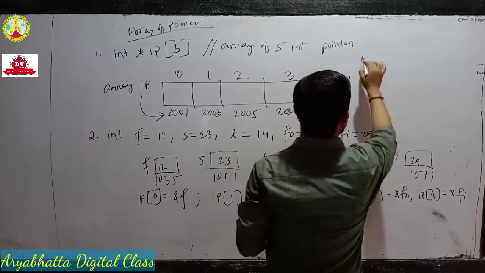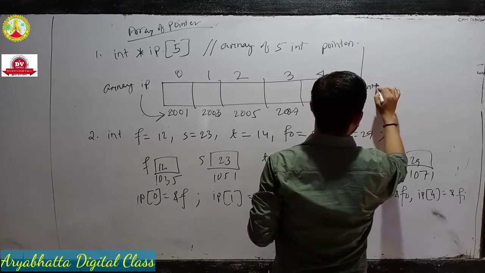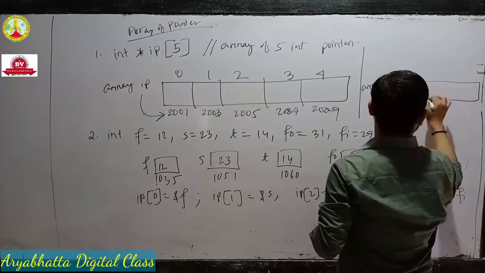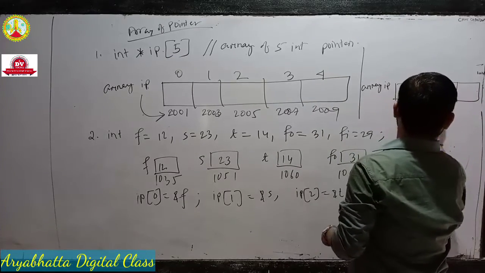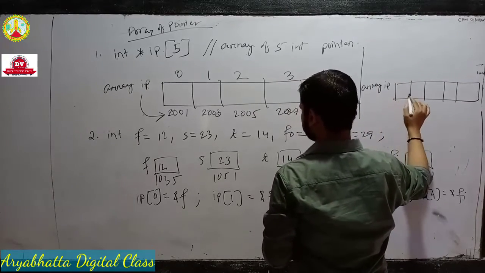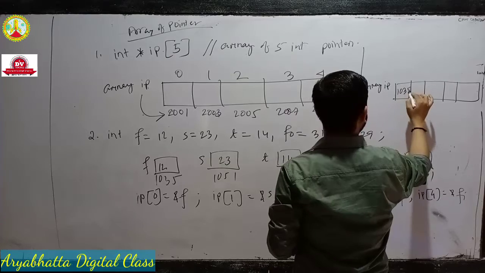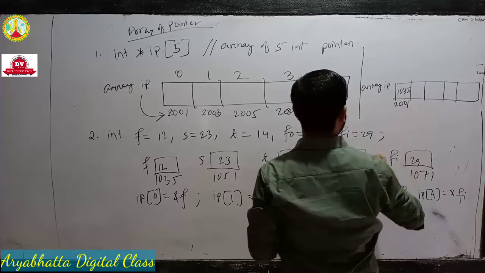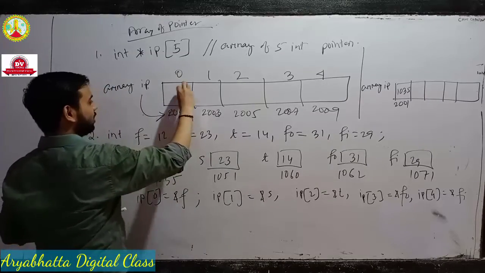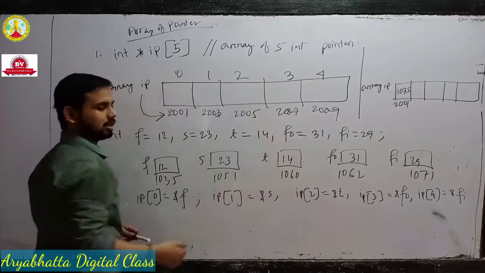array IP. What is the value? First, IP0 stores the memory address of F, and it has a unique memory address. It means each element is also a memory address of another variable.